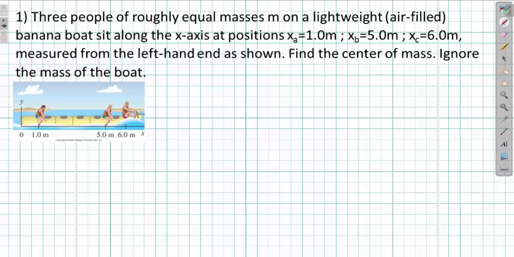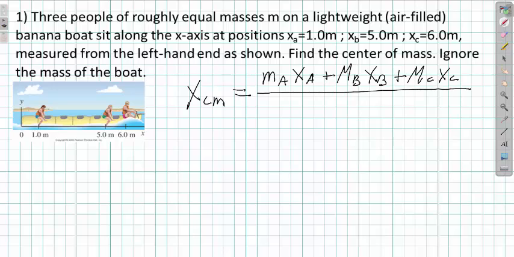Okay, well we'll just use that equation we just had up a moment ago, and we have x_center of mass, it's got to equal mass A x_A plus mass B x_B plus mass C x_C, all divided by mass A plus mass B plus mass C. Alright, so that's the equation we have. Let's plug in some numbers. So we'll notice that all these masses are supposedly the same.